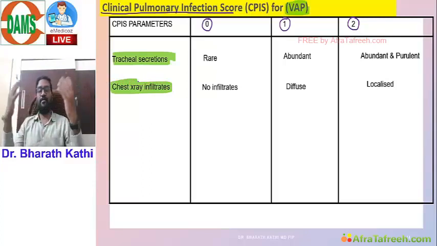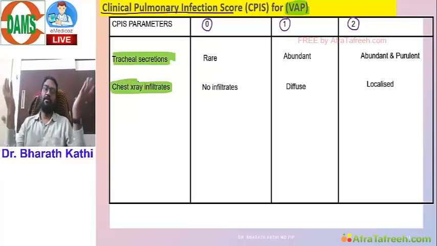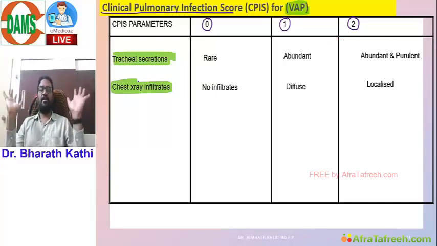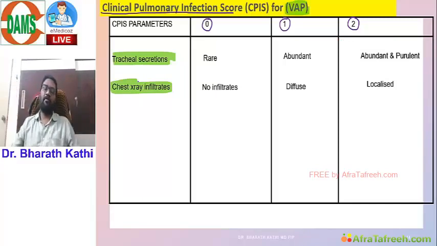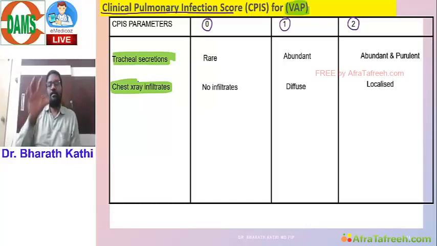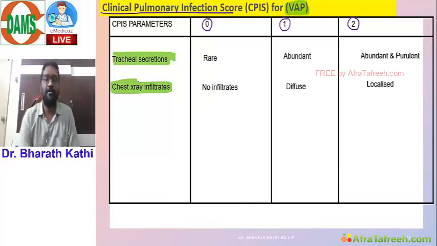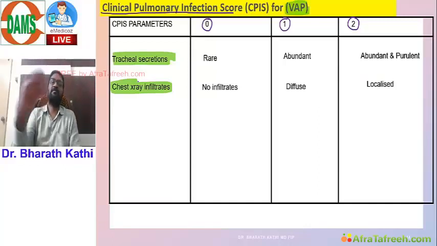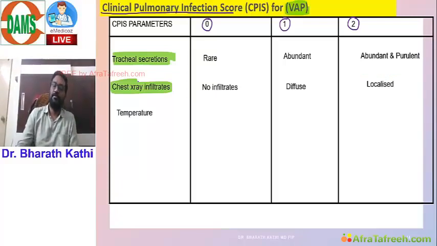Diffuse infiltrates are because of the pre-existing disease, not due to new ventilator associated pneumonia, whereas localized always indicates a new infection. In ventilator associated pneumonia, you have to identify the new infection and give antibiotics against it. So localized is generally taken as more problematic.